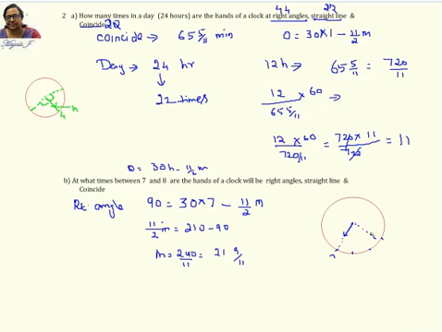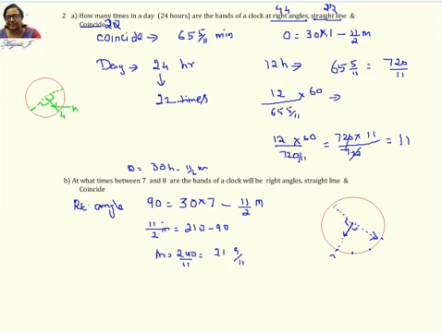You can see that the angle here is going to be 90. It's not exactly at 7; it would have crossed 7 and moved slightly that side in 21 minutes. But there's going to be one more 90. When this minute hand goes from here and comes here, it makes another 90.